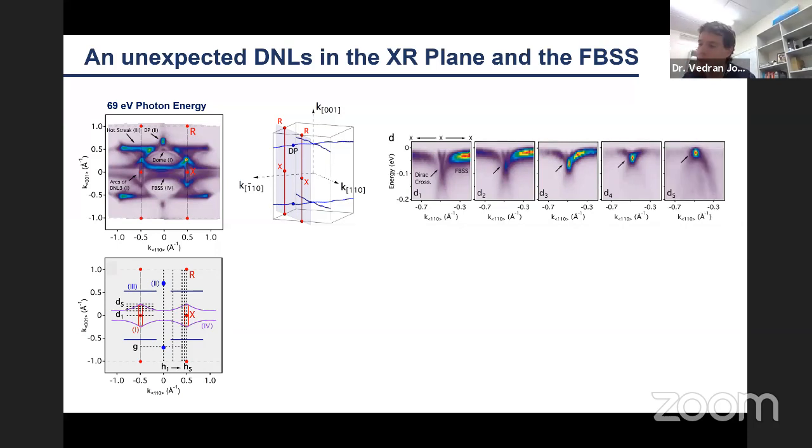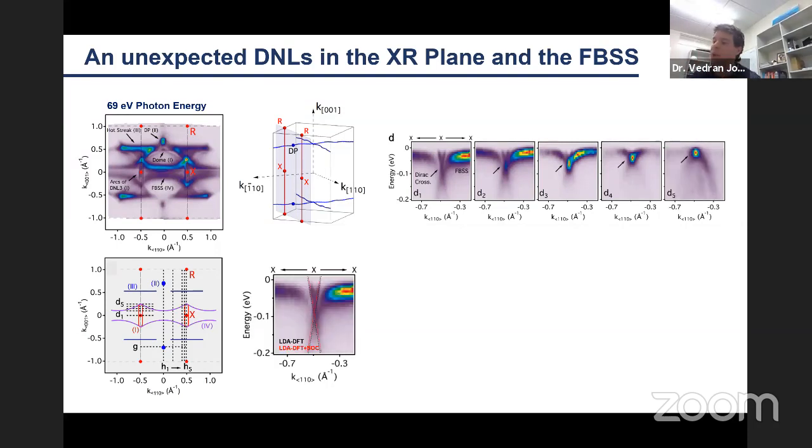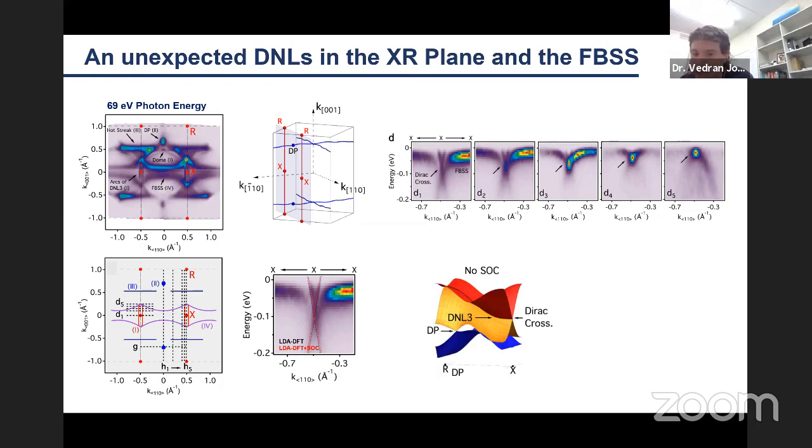These plots reveal the evolution of the Dirac nodal line crossing spanning the line from X towards R. The DFT calculations actually reproduce this Dirac crossing astonishingly well, but located 0.5 eV above the experimental value, which is a striking deficit of the oversimplification of the DFT approach. And then the corresponding 3D band structure model in figure 1b correctly reproduces the continuous fourfold band crossing of the Dirac nodal line.